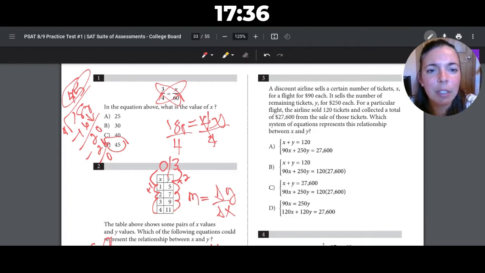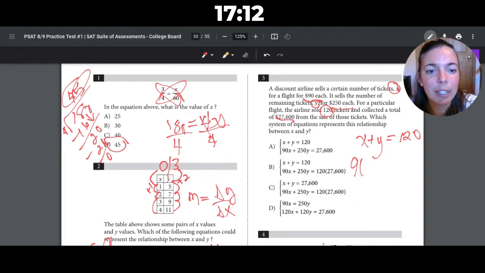So we have the cost of some tickets, then the total that they made. We also have 2 different sets of tickets and the total of 120. So if I do X plus Y, the 2 different types of tickets, when I add those together, I'm going to get 120. The other thing that I know is how much they cost.